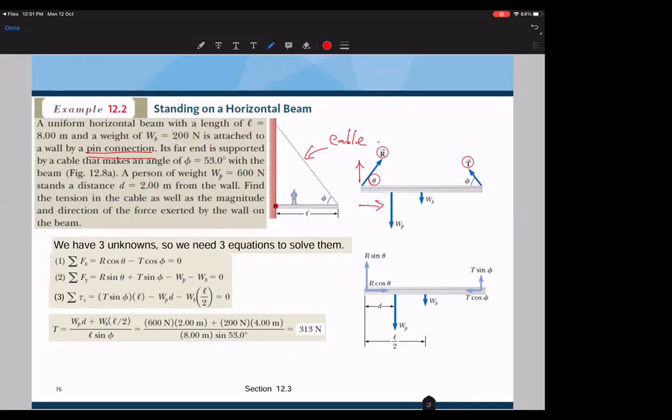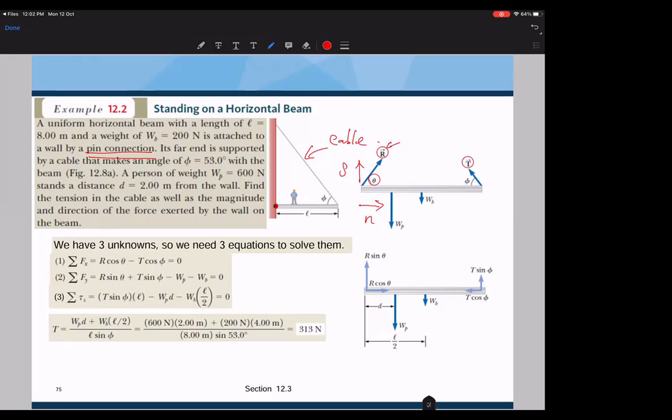So in summary, you could add the two forces, this normal force and the support force, together by a reaction force R with an angle theta.